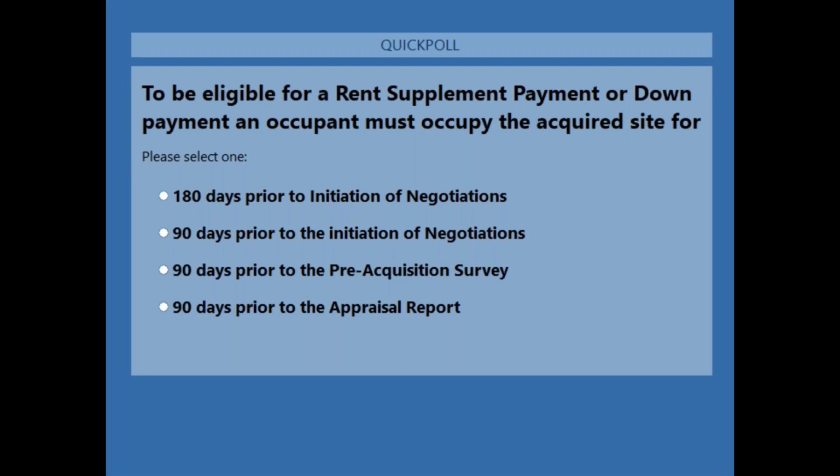Okay, so the first question: to be eligible for a rent supplement payment or a down payment, an occupant must occupy the acquired site for, is it 180 days prior to the initiation of negotiations?